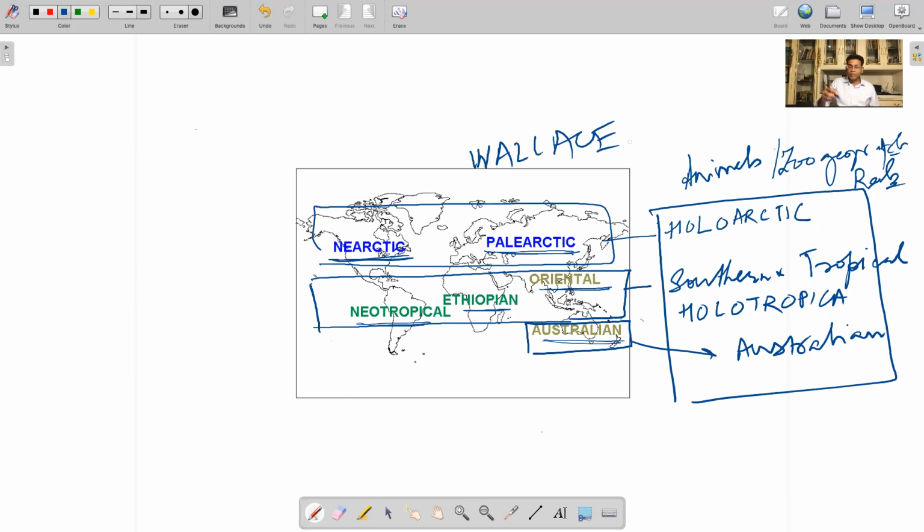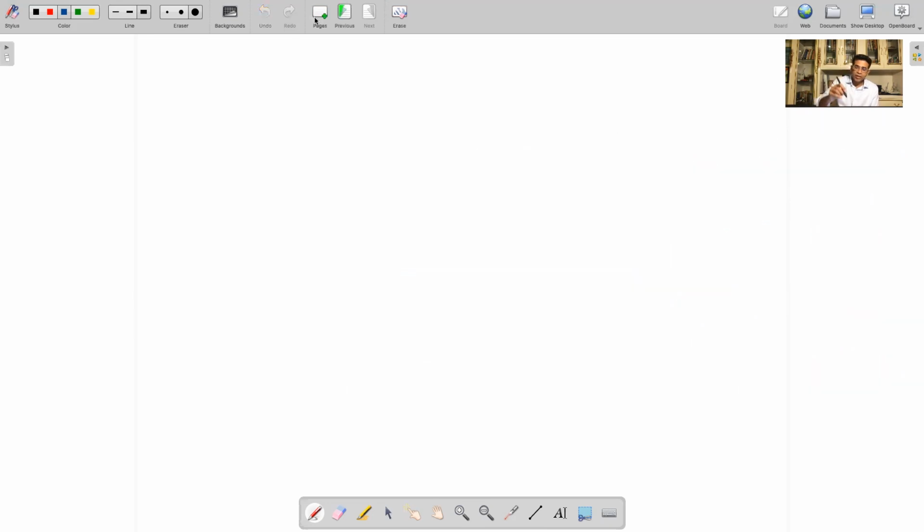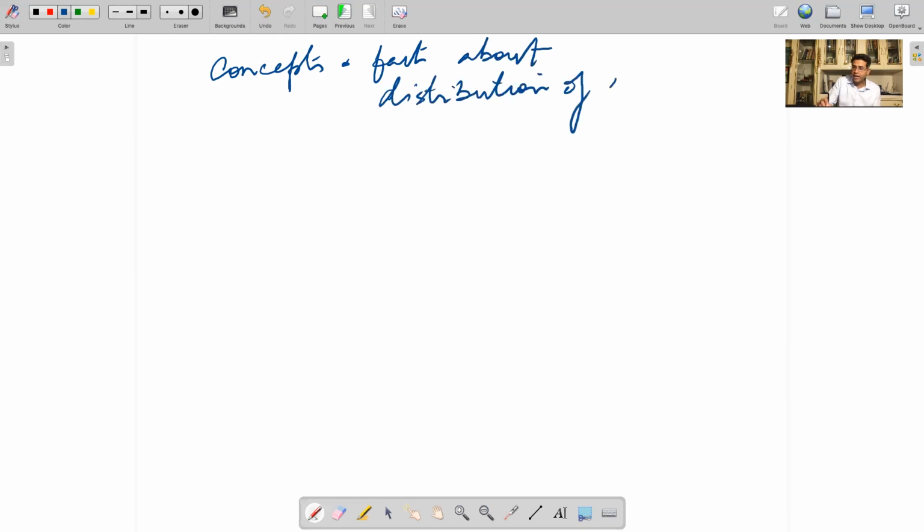Now, before you develop writing on this, there are a couple of facts that we have to know, or maybe call them concepts and facts about the distribution of animals.